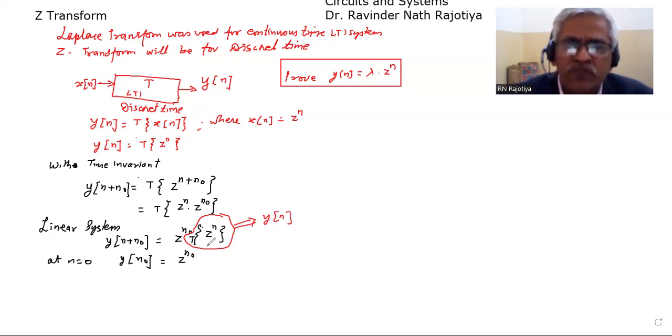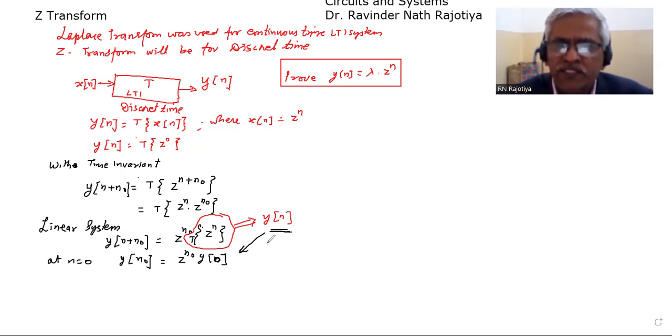So I can put this value as y of n, and when n is equal to 0, this term will be equal to 0, so this will become y of 0. I guess there should not be any doubt. So you had y of n, and putting n equal to 0, you can write y of 0.